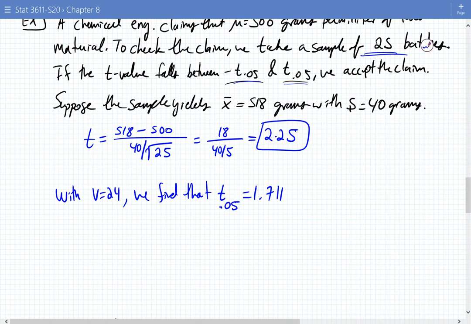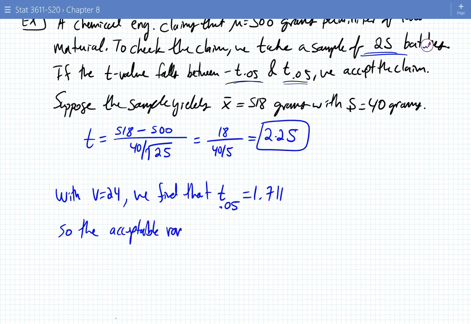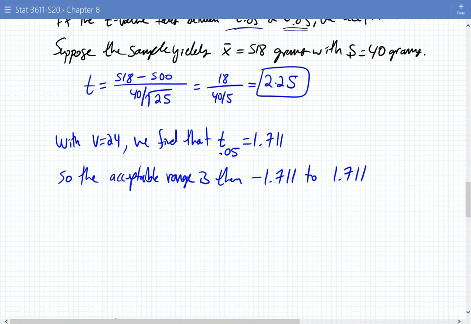If the t-value falls between that and the negative, the acceptable range is negative 1.711 to positive 1.711.